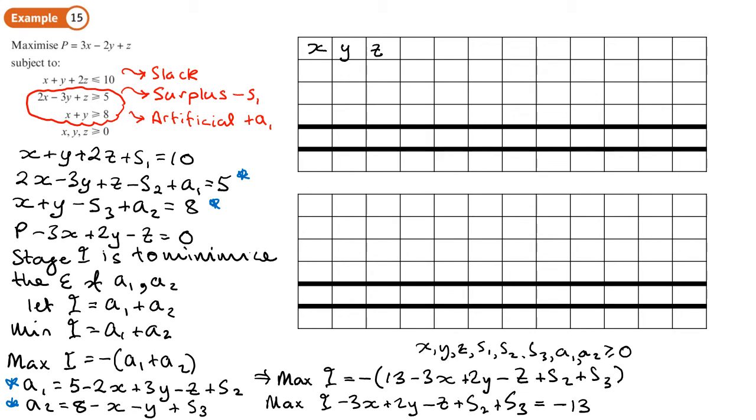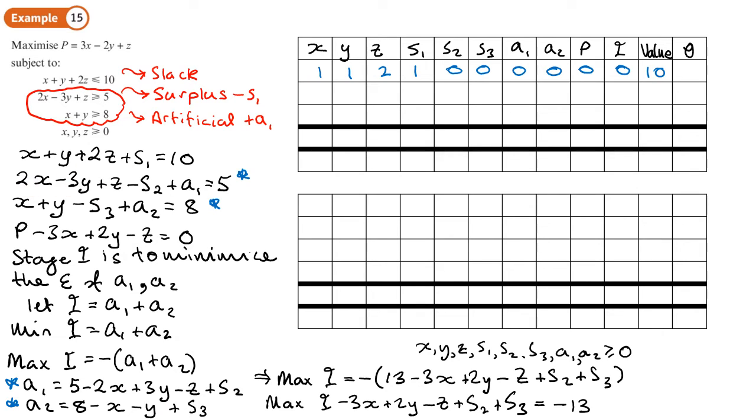So we'll now transfer all of the variables into our tableau. So we've got x, y, z, s1, s2, s3, a1, a2. Then we have P, I, their values, and theta when we work out that ratio to decide on the pivot row. So all we do now is to transfer the coefficients. Starting with the first equation here, we will have 1, 1, 2, 1, all zeros here, and a value of 10.